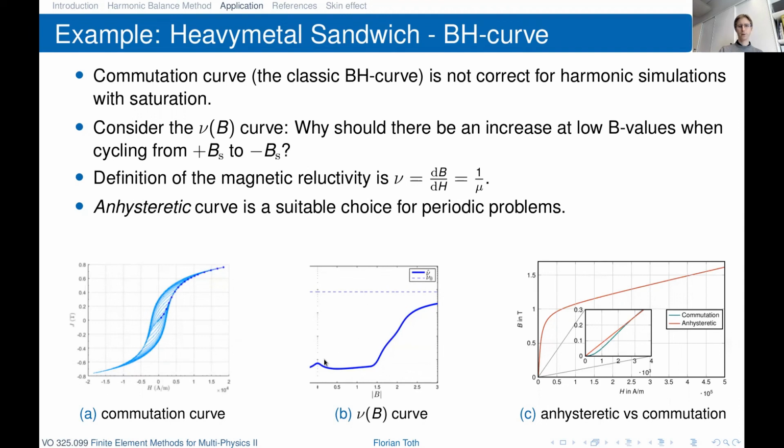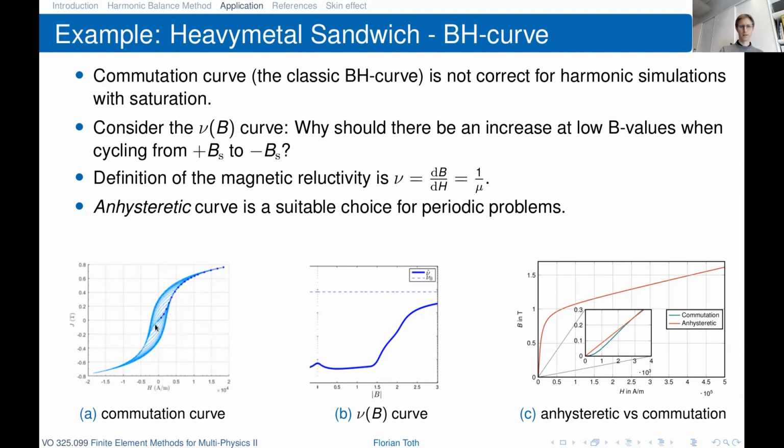However, if you do this, you see that for small fields, you actually have an increase here at zero B field of the permittivity. However, the reluctivity is defined as the change of the B field with respect to the change of the H field.